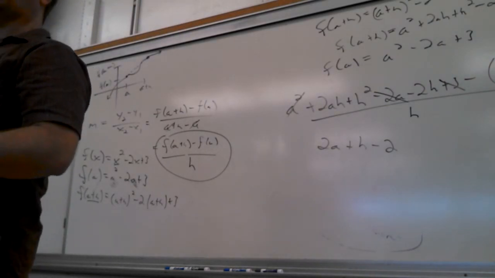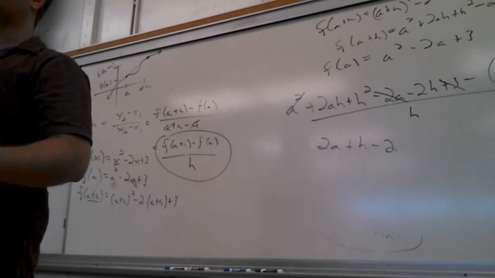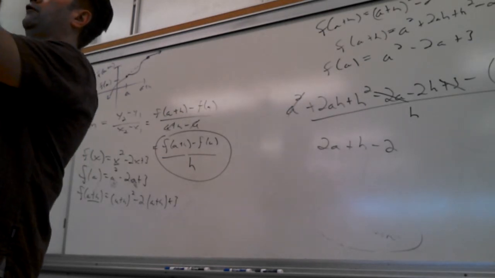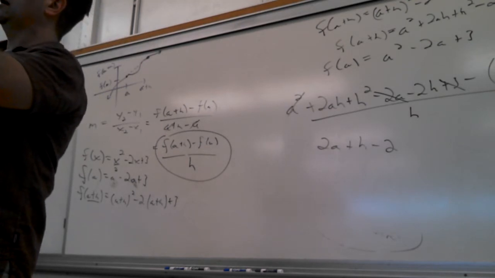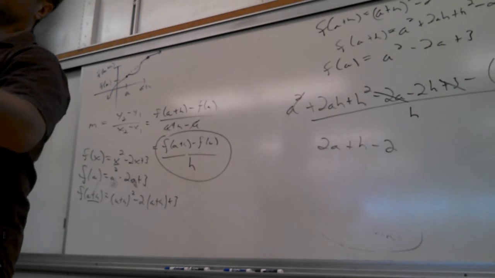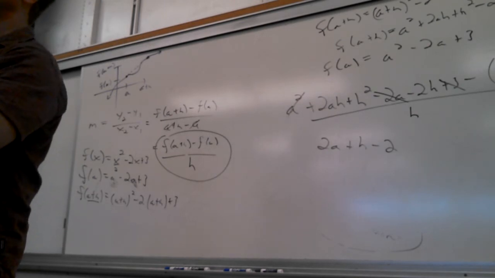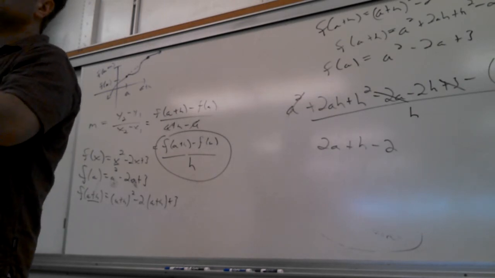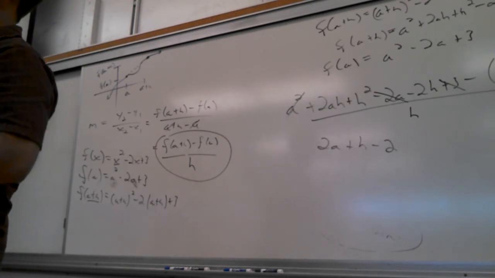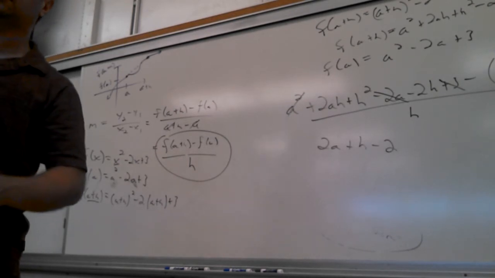If I was twirling something and I let go of it, that would be the slope at that point. So I'm twirling it around, so I get this circular function. If I let go of it here, the direction it heads off in, I would call it the tangent. That would be the slope, that direction it heads in.